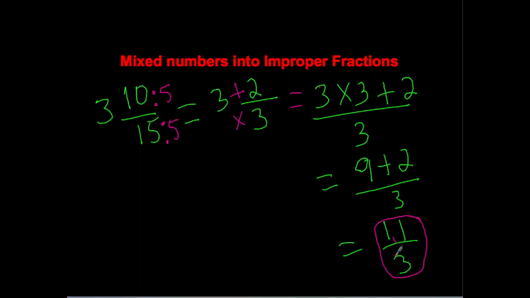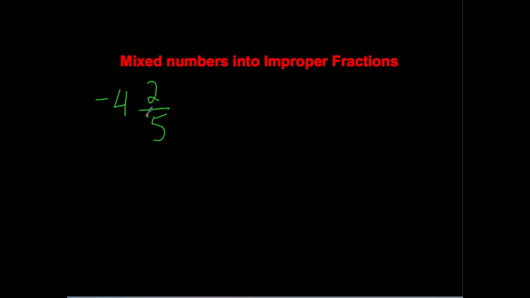Now let's look at this negative mixed number, negative 4 and 2/5. When we take a look at the fraction, it's already reduced, so we don't have to do anything to it. So now let's just move into multiplying the divisor by the quotient and adding the remainder to it.